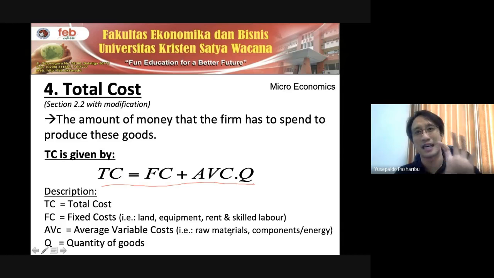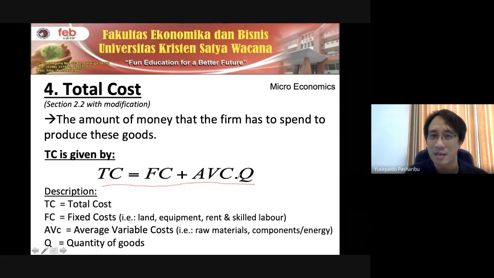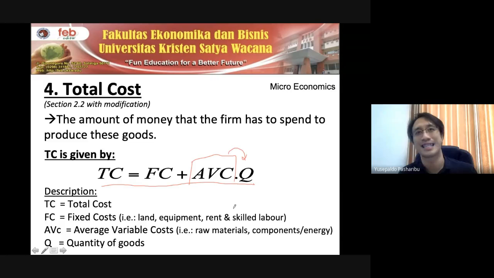That's called average variable cost, the cost that depends on Q. That's why average variable cost is multiplied, or calculated, based on the quantity of goods. So this is the composition of total cost: fixed cost plus average variable cost times Q.